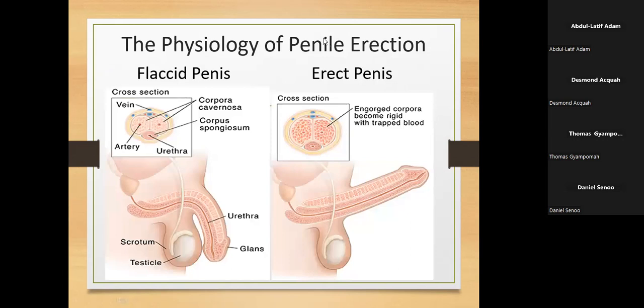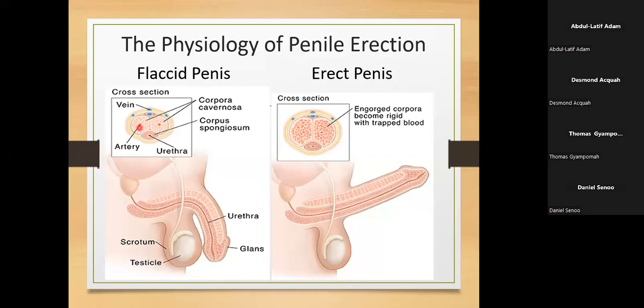All right, so here we have the flaccid state. Remember, the corpus spongiosum is the one lining the urethra. What is of interest to us as far as erection is concerned is the corpus cavernosa. All right. Now, when it is flaccid, what it means is that the arteries will be constricted.